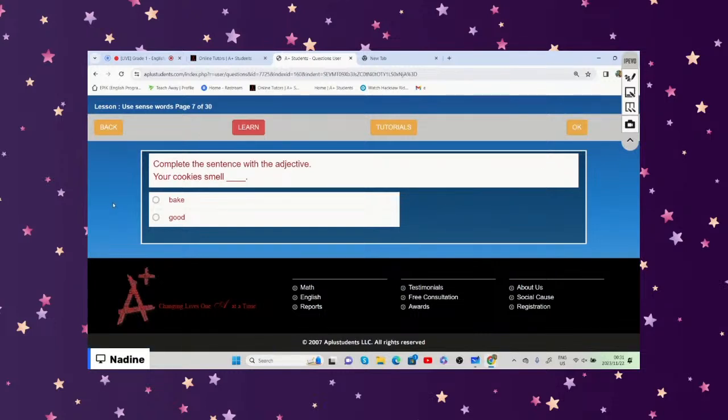And the cookies smell, do we say smell bake or smell good? So the cookies, they smell. How would we describe the cookies based on smell?